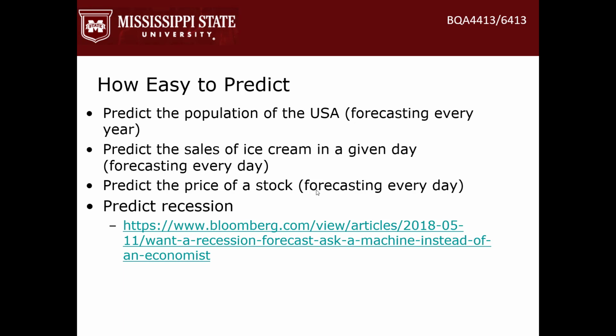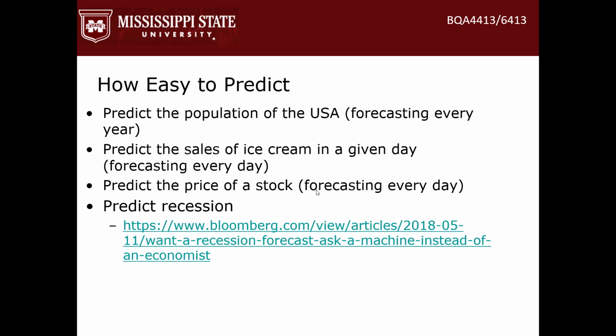And predicting when a recession is going to occur. If I'm an economist, I can think about things like inflation rates, potential leading indicators such as consumer sentiment, but nobody really predicted the rapid recession in 2008. Nobody really predicted the coronavirus recession because that was an epidemiological thing from completely outside of economics. So that's again going to be very, very difficult to predict.